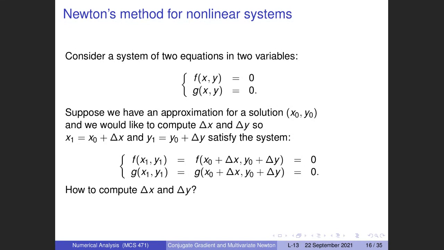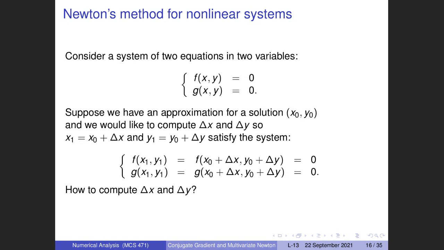And in an iterative method, we like to compute updates so that we are closer to the exact solution. So the system is given to us with variables x and y.